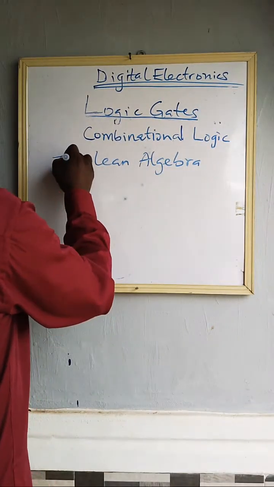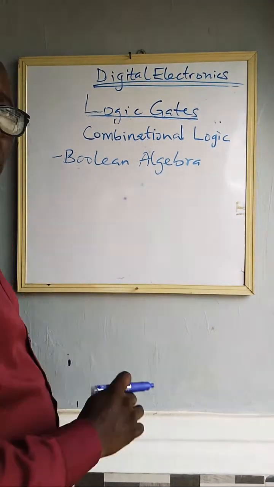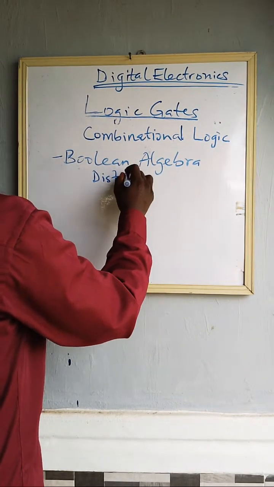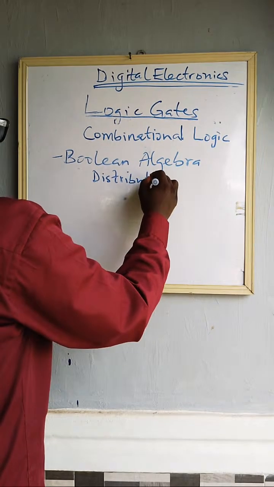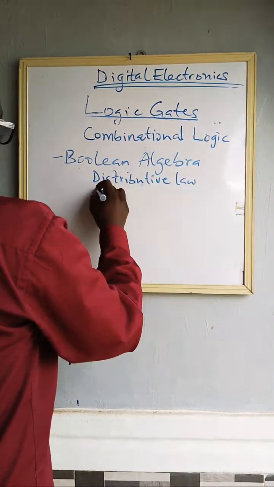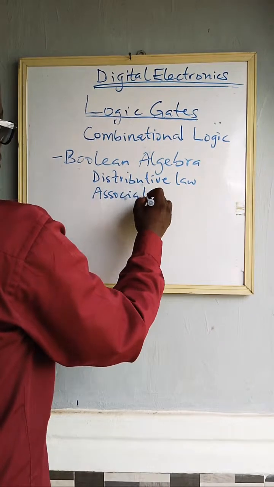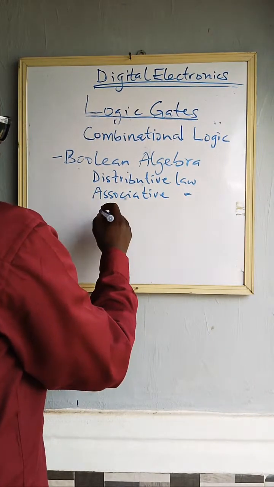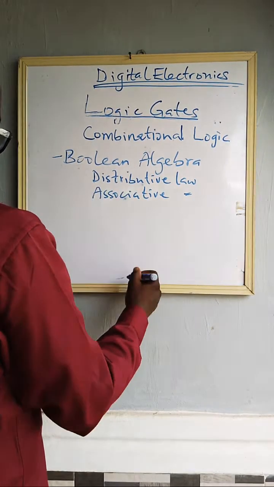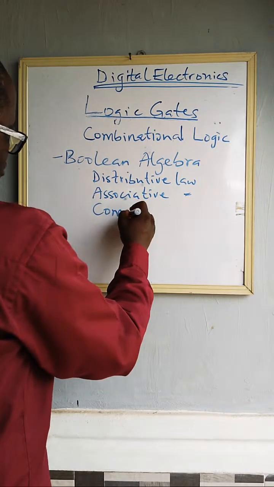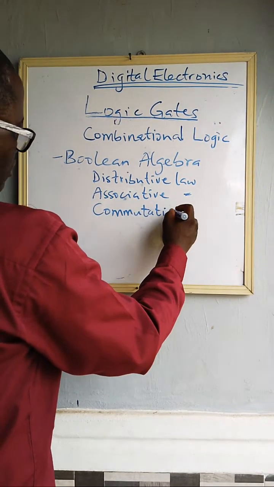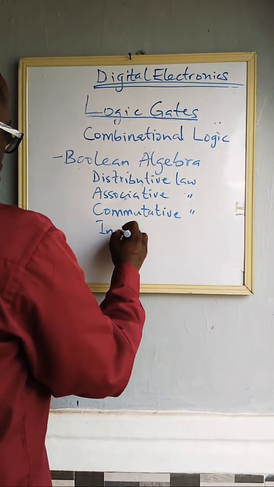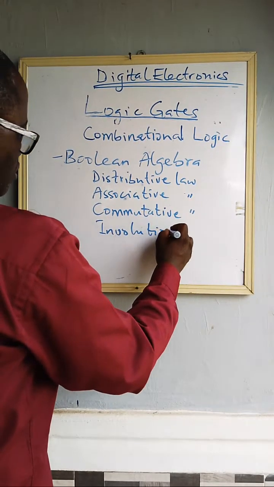I also mentioned there are so many laws under Boolean algebra, such as distributive law, associative law, commutative law, and then there is involution law.